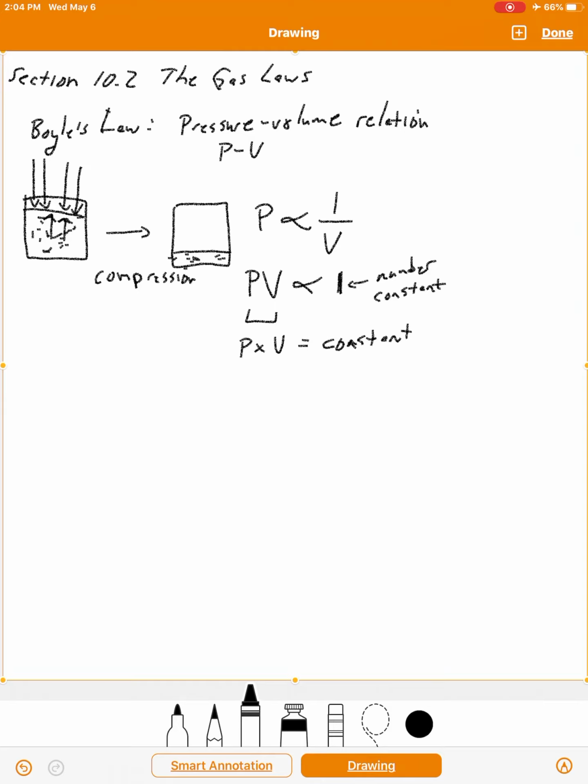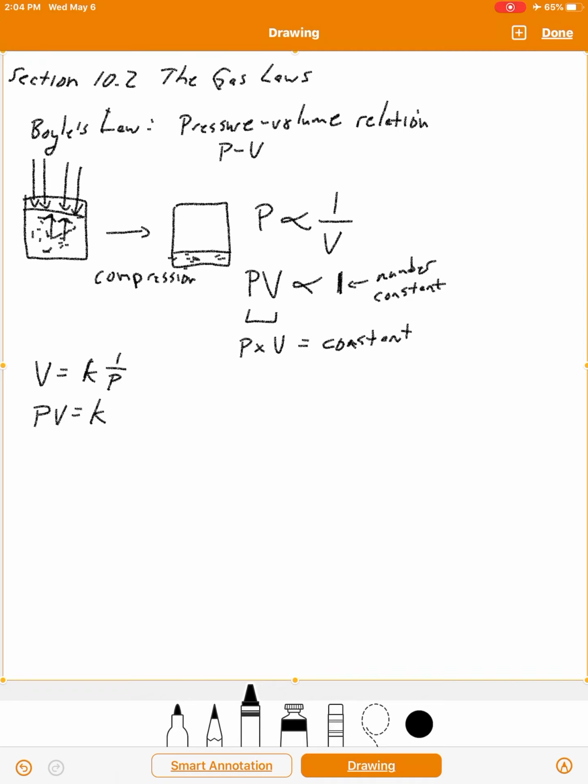Okay? So there are many different permutations of the equation here. I'm going to show you a couple of them. One is V is equal to K, K meaning constant, times 1 over P. That's one way of representing it. Another way of representing it is P times V is equal to K, K being a constant. Okay?